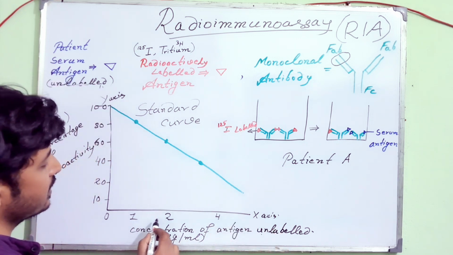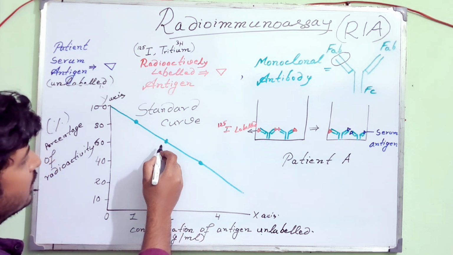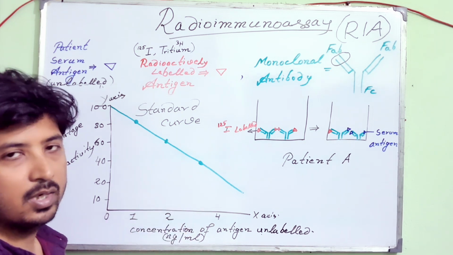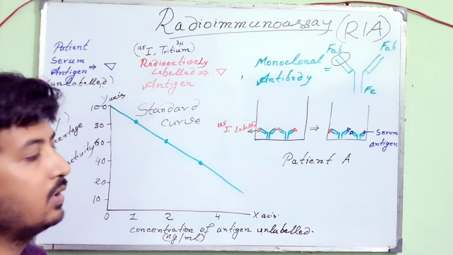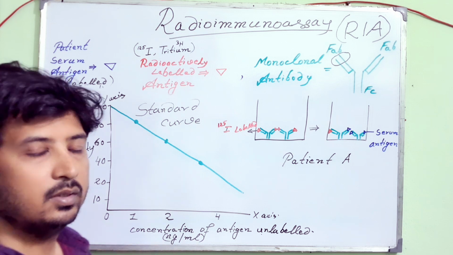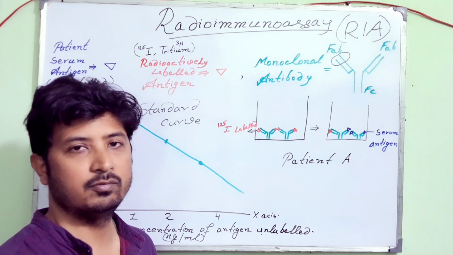Again, I have increased the concentration to 2 nanograms. So this gives you 60% of the radioactivity. Radioactivity again reduced because some of the radioactively labeled antigen was left off.